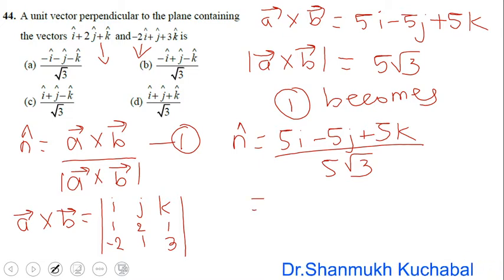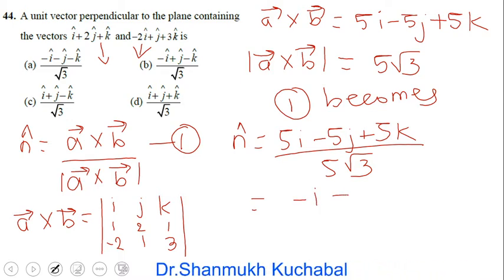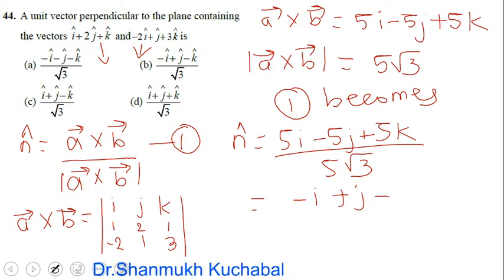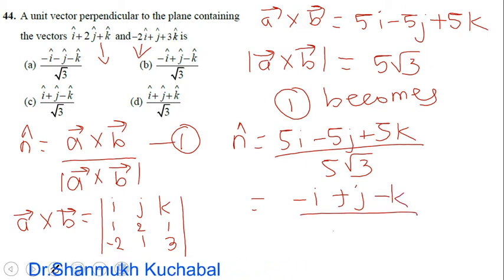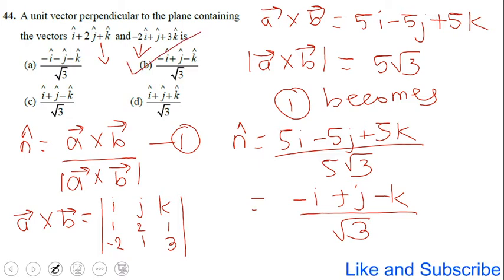Yes, so simplification we are going to get I plus J minus K divided by root 3 over here. Therefore clearly we will observe that option B is the right answer over here. Option B is the right answer.